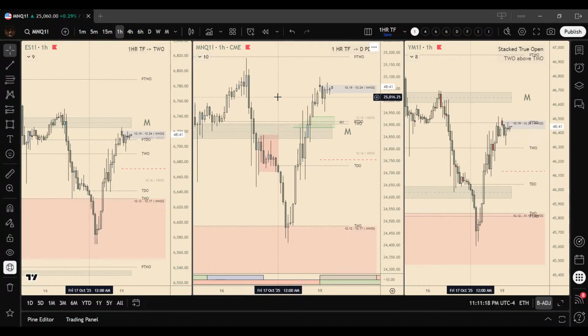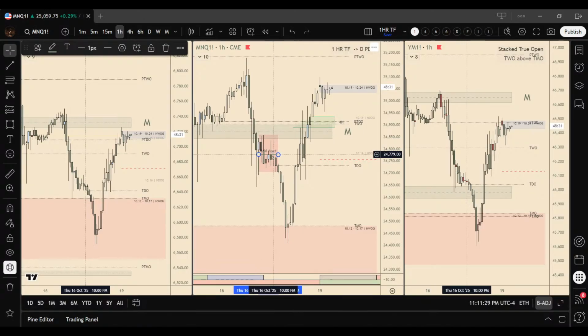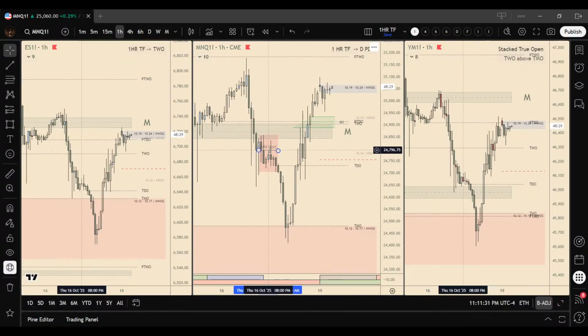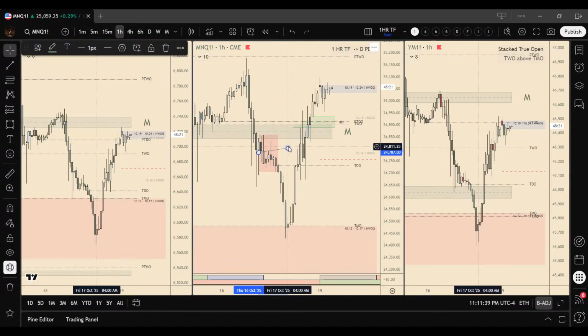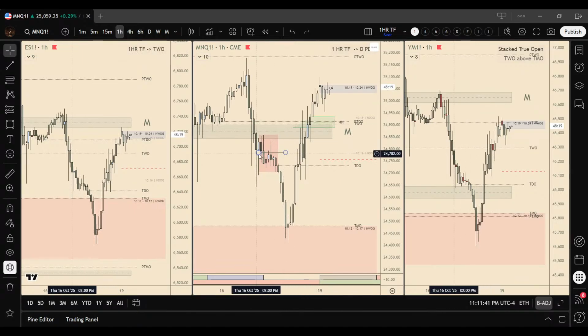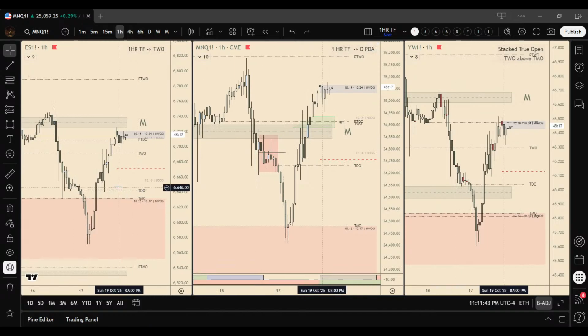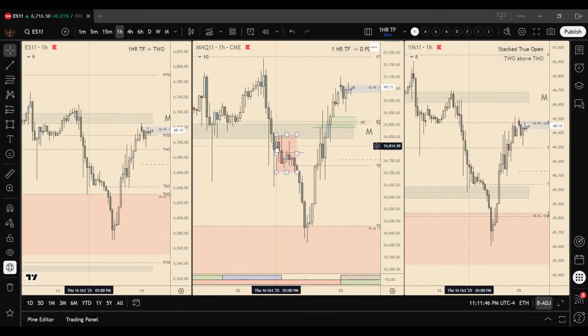So once again, you just treat it like an order block. You take just 50% of the whole candle, which would be about right here. You just look for sells above it. You look for sells above.